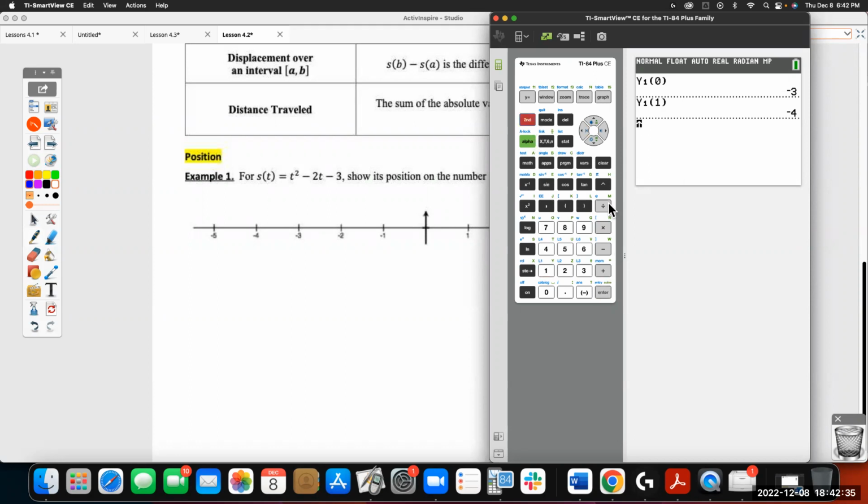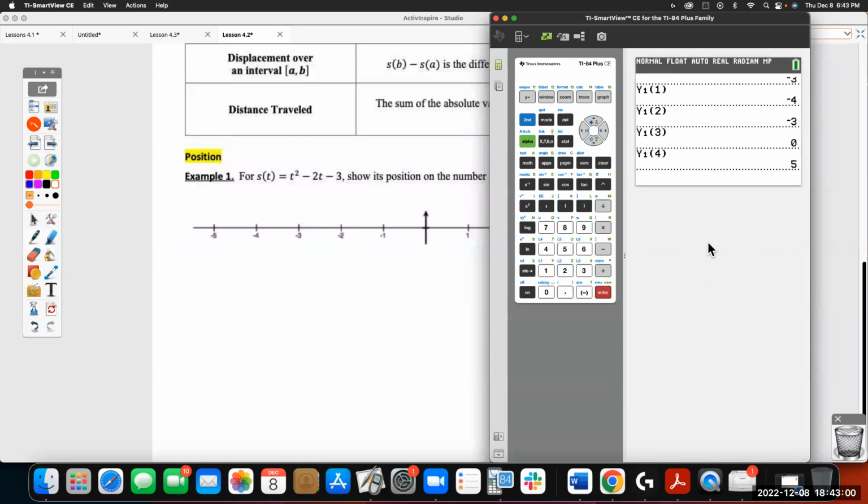Second enter, and you can change that into 2. Second enter, 3. And then second enter, and you can change that into 4. Okay, so these are the position values at each of these times.